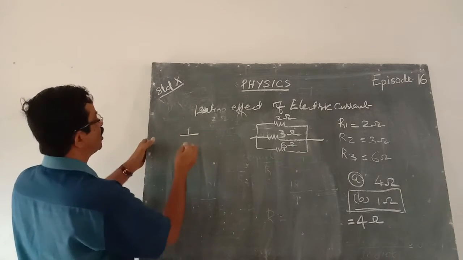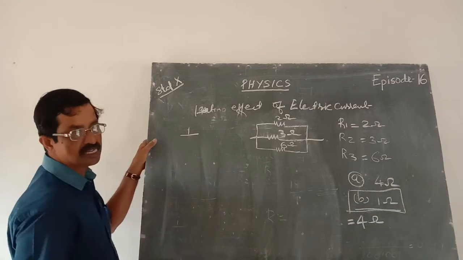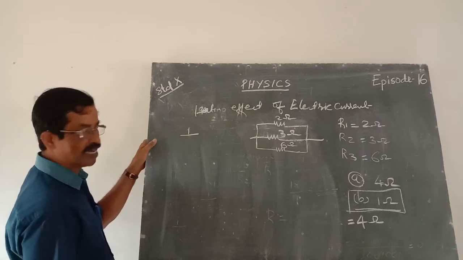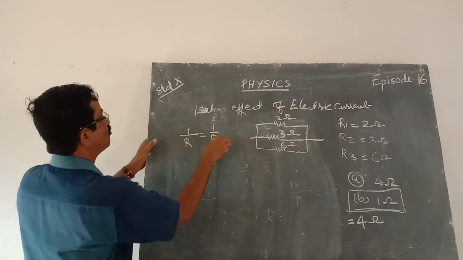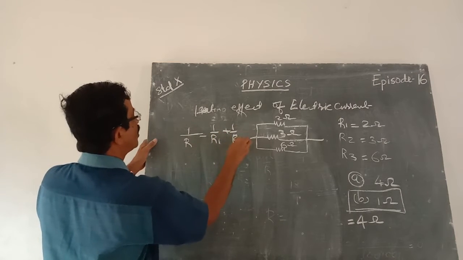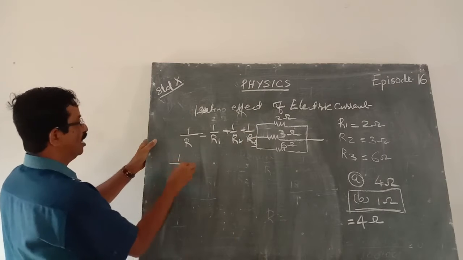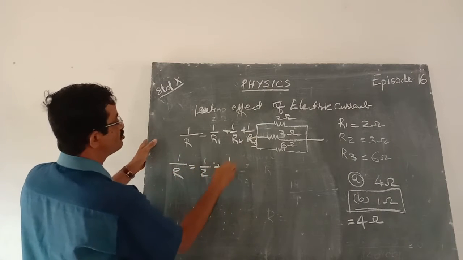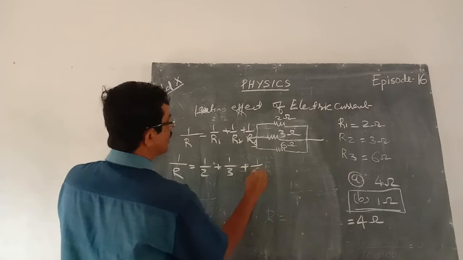Now we can calculate the effective resistance of these 3 resistors connected in parallel. That is 1 by R is equal to 1 by R1 plus 1 by R2 plus 1 by R3. That is 1 by R is equal to 1 by 2 plus 1 by 3 plus 1 by 6.